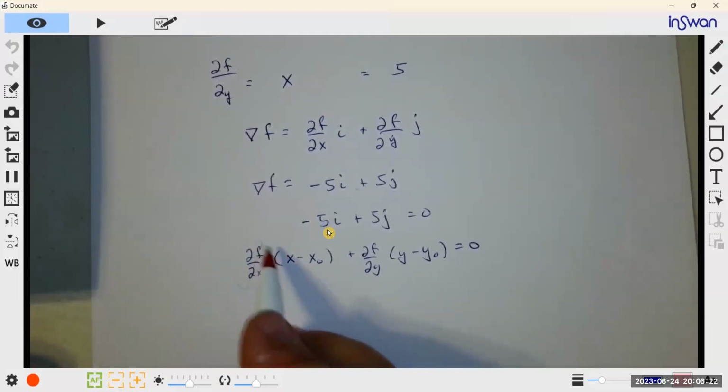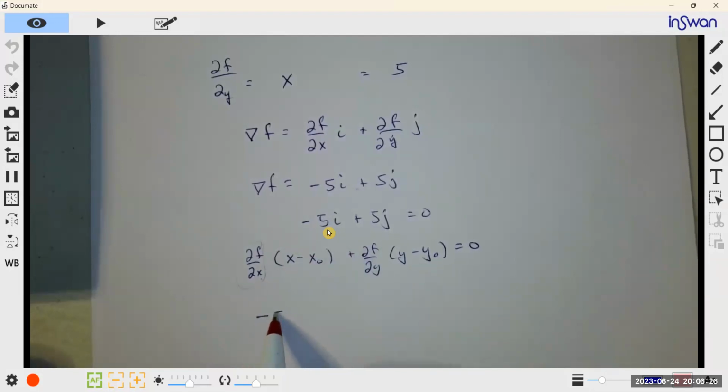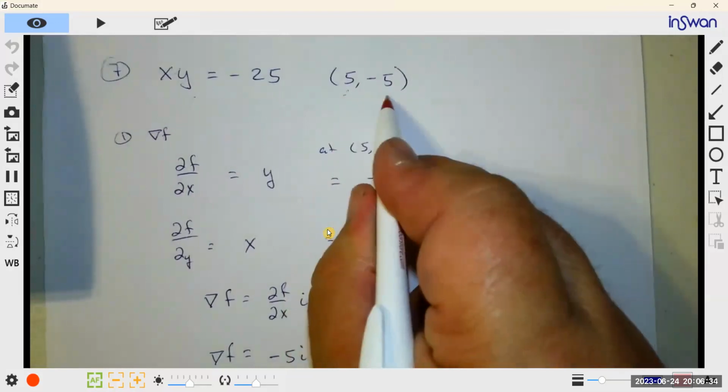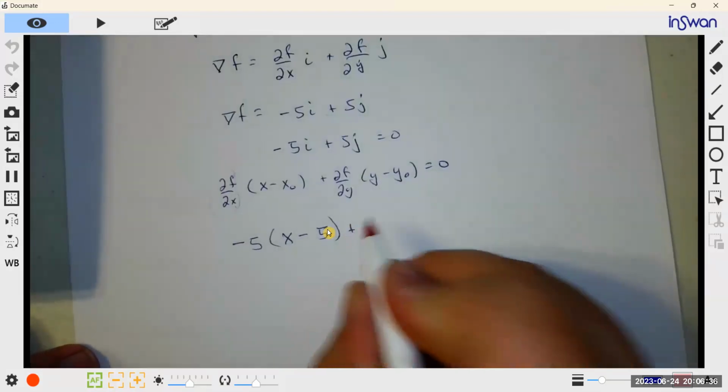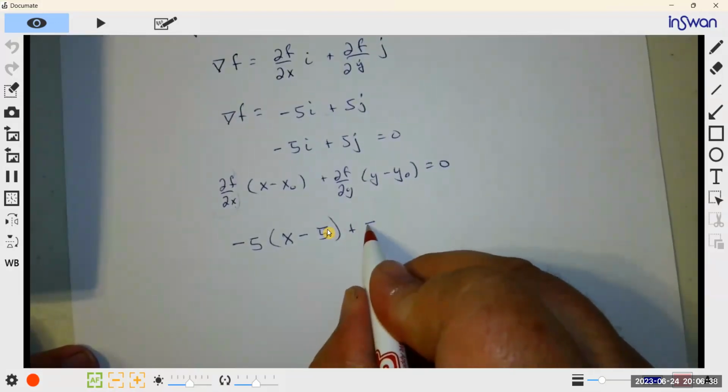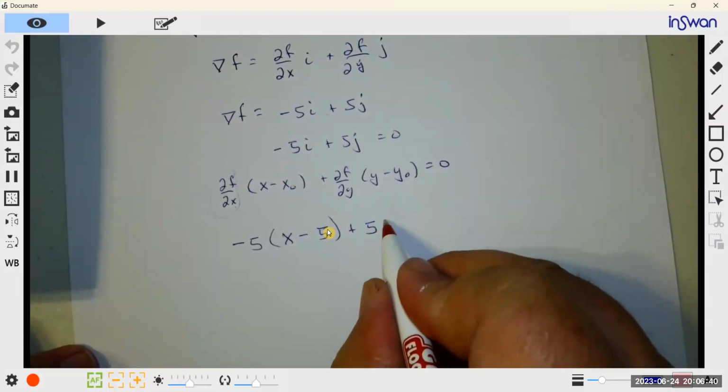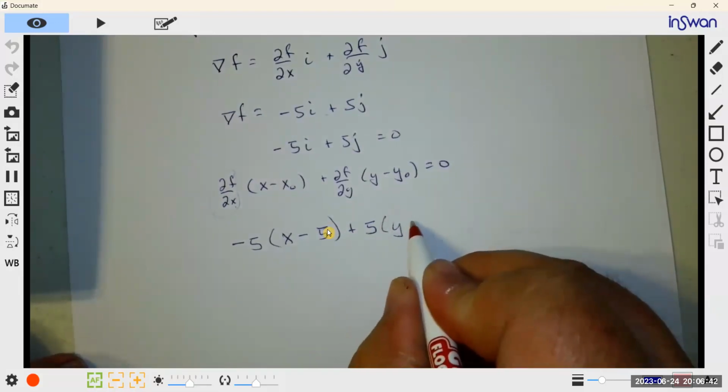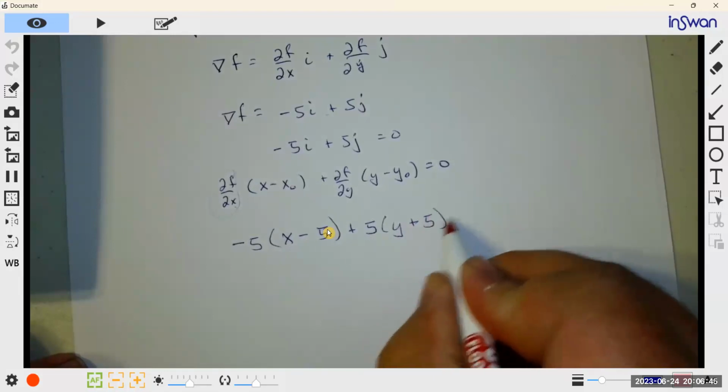So partial of f partial of x is negative 5. X minus x sub 0 is x minus 5, and our point is x sub 0, y sub 0. Plus the partial of f with respect to y is 5. Y minus negative 5 makes it y plus 5.